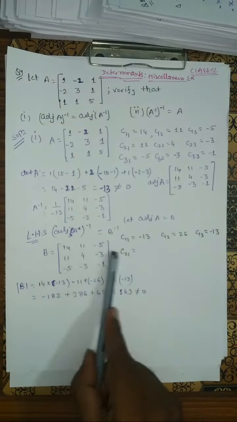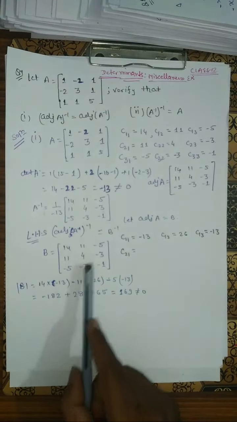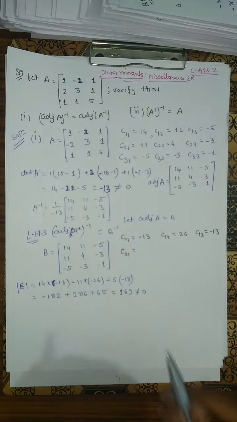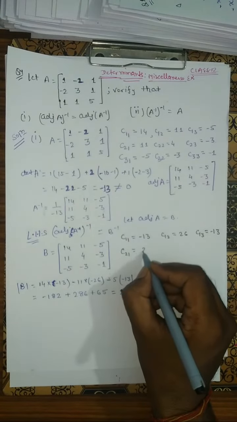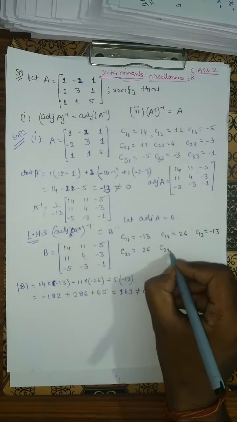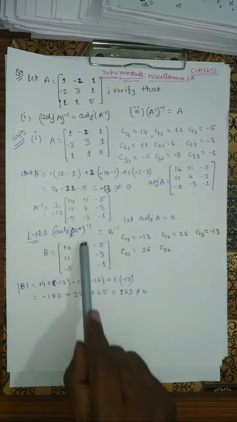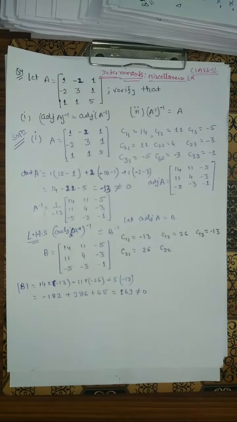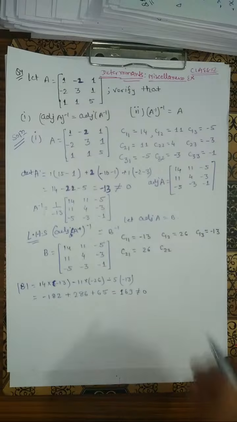For C21, -11 and -15 is -26, or that's why sign will be changed. Now for C22, -14 and -25, so बच्चों -39.